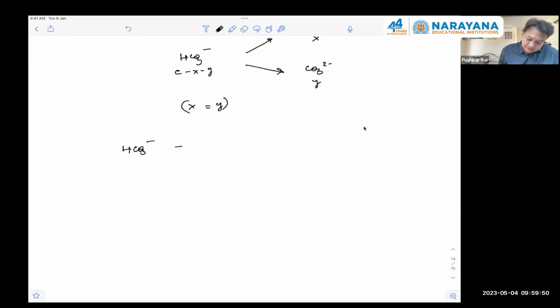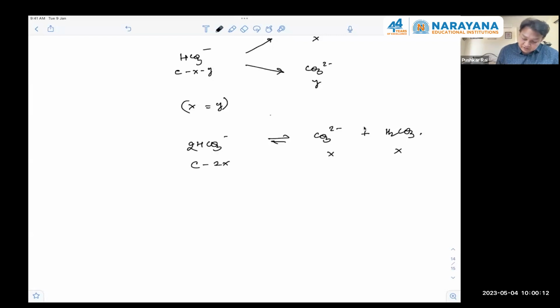HCO3 negative plus HCO3 negative changes into CO3 2 negative plus H2CO3. So you can write it like this, twice of this, twice of this. And then you write C minus 2x, and you take here x and here x.